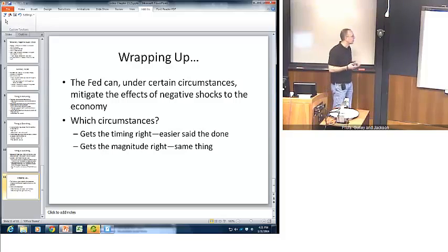So, wrapping up here, under certain circumstances, the Fed might in fact be able to do a pretty good job at mitigating the effects of negative shocks to the economy. Well, the circumstances that we need are getting the timing right, and unfortunately, this is easier said than done, and also getting the magnitude right. Again, that's also a little bit more difficult than might be at first glance.